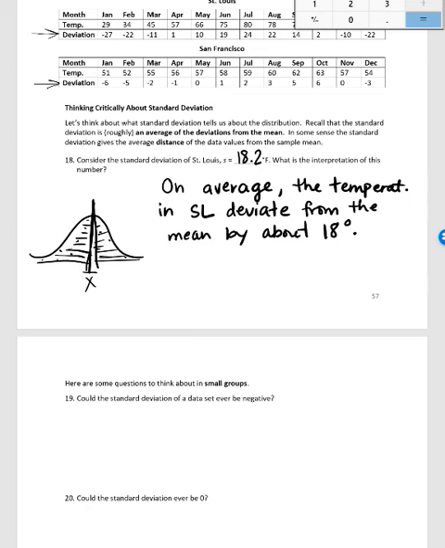Right? That's essentially what we're saying, that throughout the year, if we look at these temperatures, how much they vary on average from that mean is about 18 degrees.